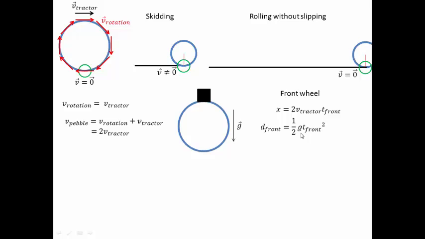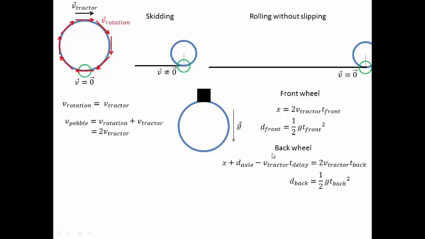And next, we move on to the pebble flying off the back wheel of the tractor. So the pebble from the back wheel lands on the same spot as the pebble from the front wheel. So we have this x term here, which is the distance traveled by the pebble from the front wheel. But this time we need to add the distance of the axle connecting the front wheel and the back wheel.